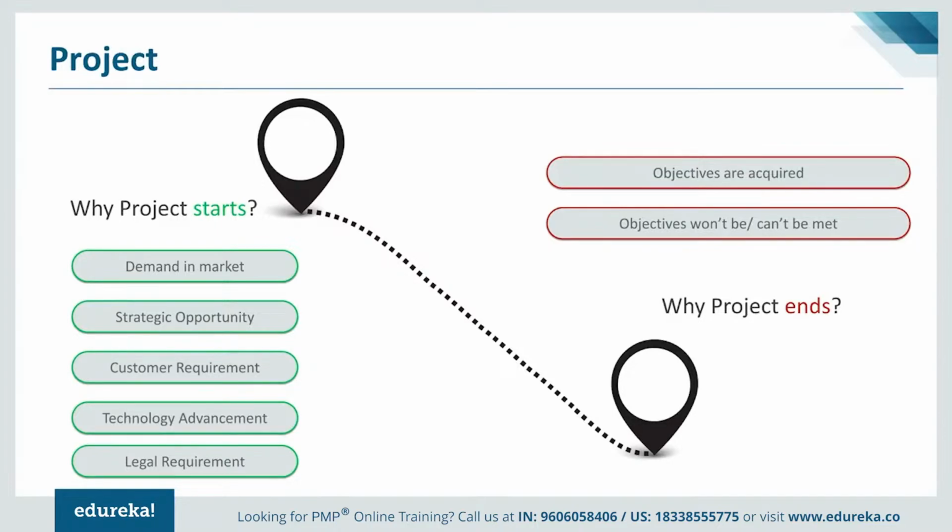Or the objective won't be or can't be met. Sometimes I have seen projects that are initiated but scrapped in the middle because they are no more required. The objective is maybe challenged by the organization, or it could be obsolete. You could come across such scenarios as well. I came across a very big program, an aspirational program in a big and complex organization.